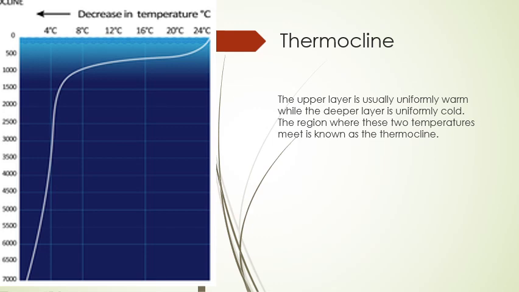The oceans are uniformly cold at the bottom, and depending on where you are on the planet, maybe warmer at the top. Because of that, the organisms that live at the bottom have pretty uniform distribution all over the Earth. If you find something living at the bottom of the sea in one part of the planet, you're probably going to find it at just about any other part, from the equator all the way to the poles.